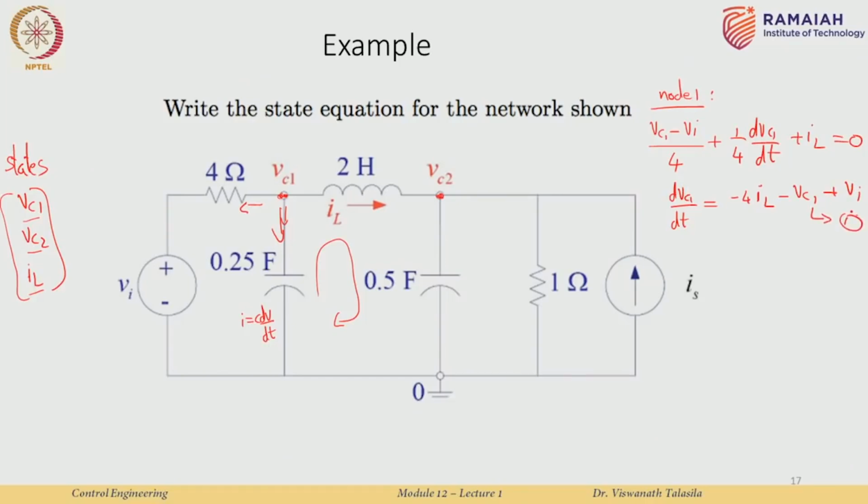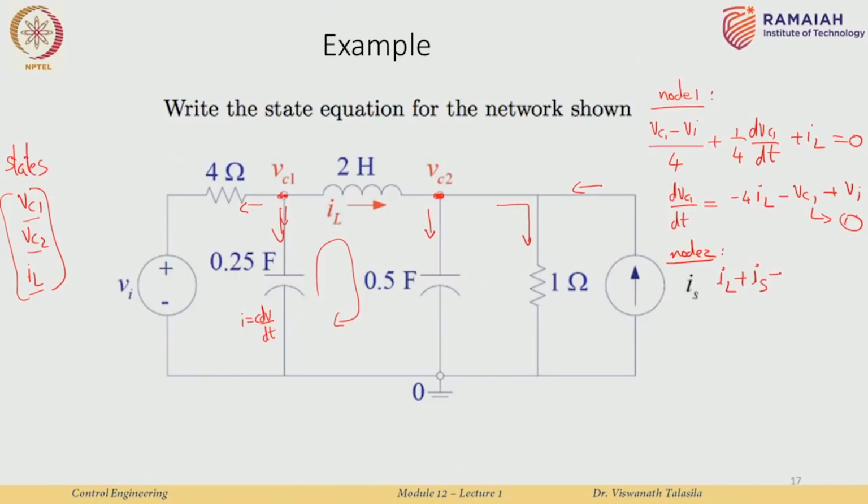Now, this is the KCL applied at node 1. If I apply KCL at node 2, okay, at this particular node I have the current IL which is coming in, then I have this current which is going out, there is a current in this particular branch going out, and this IS is also coming in. So, I have IL plus IS, the two incoming currents. I need to now minus the two outgoing currents, okay.